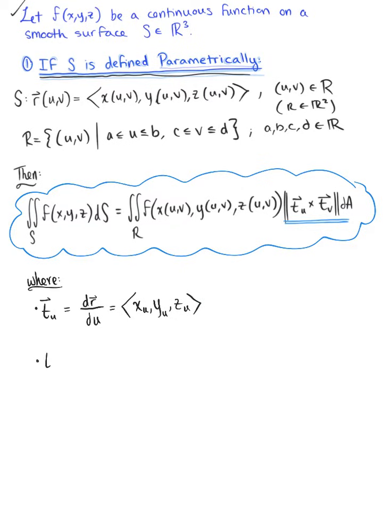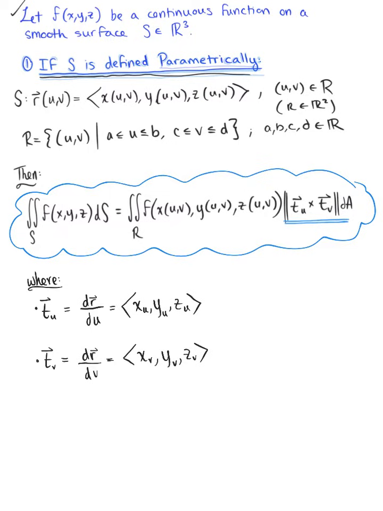We also have the tangent vector in the v direction. So this is defined as the partial derivative of the parameterization vector r with respect to v. And so this has components the partial derivative of x with respect to v, the partial derivative of y with respect to v, and the partial derivative of z with respect to v.